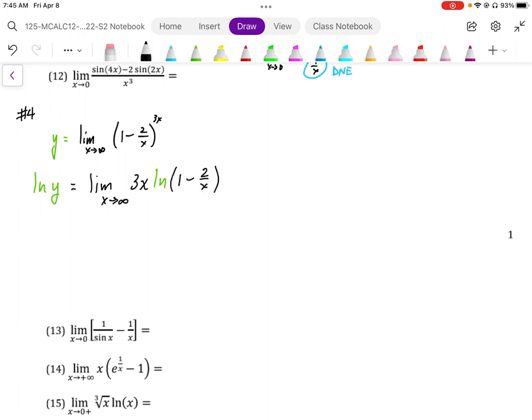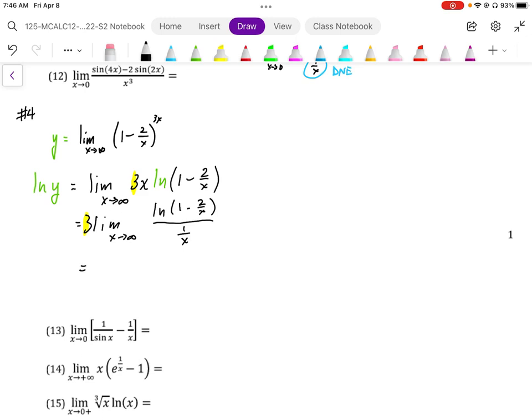So now that I have it in ratio form, as a multiplier, I'm going to put it now in a ratio form. So now I have log 1 minus 2 over x over 1 over x, and I'm just going to bring that 3 to the outside here because we don't really need to involve that 3 in the limit.